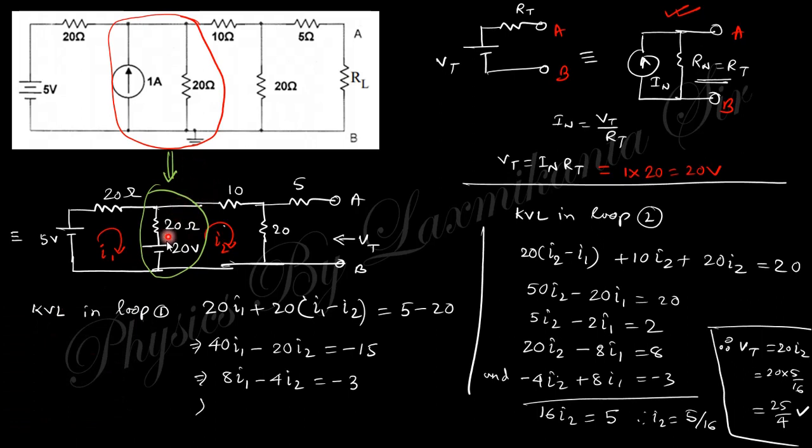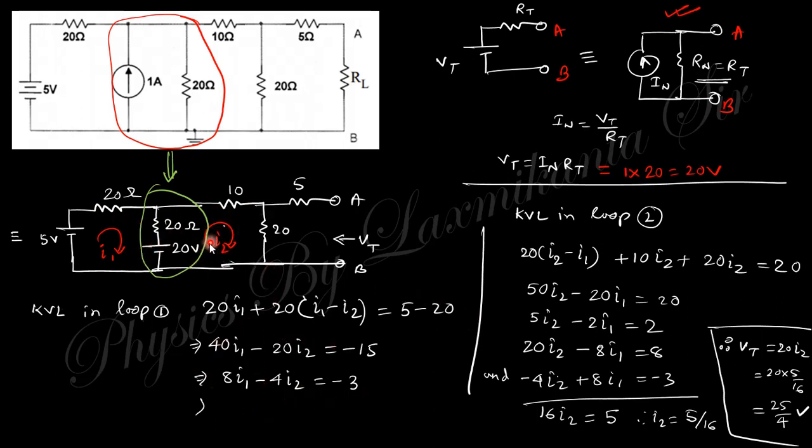If you understand this, you can now easily find it by applying KVL using these loops. Two loops are used: loop current I1 and loop current I2. For loop 1, the equation will be 20 I1 plus 20 (I1 minus I2), and the voltage will be 5, minus 20. So you get this relation.